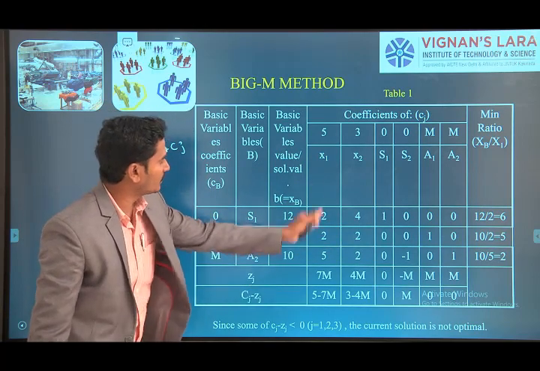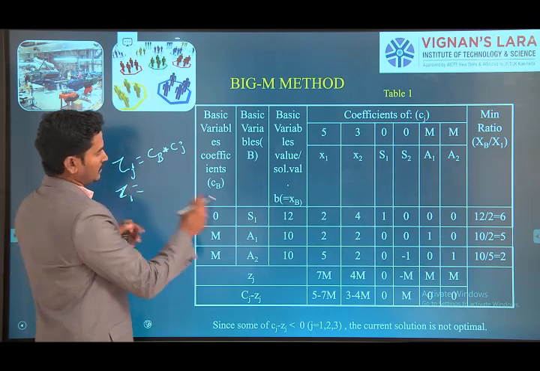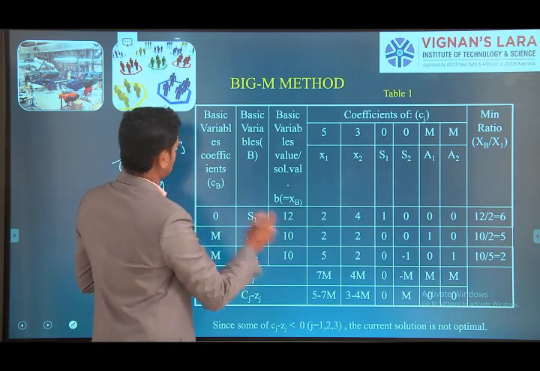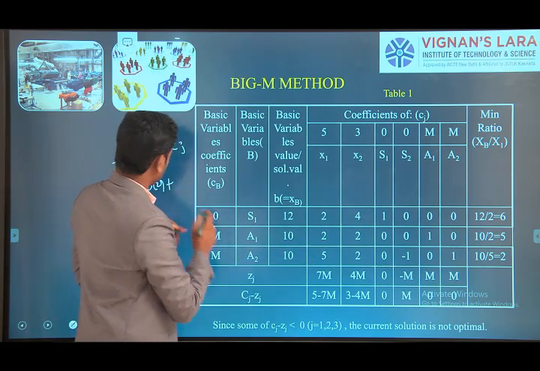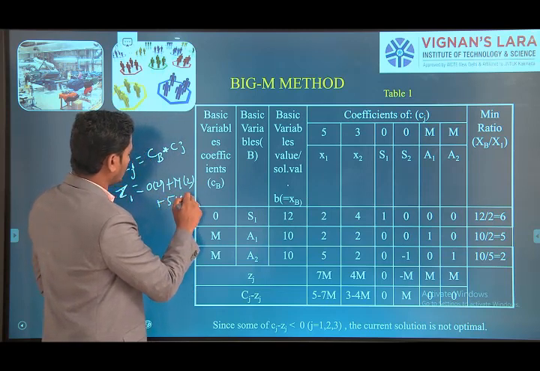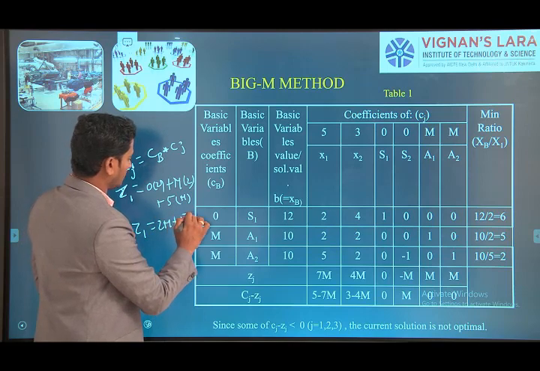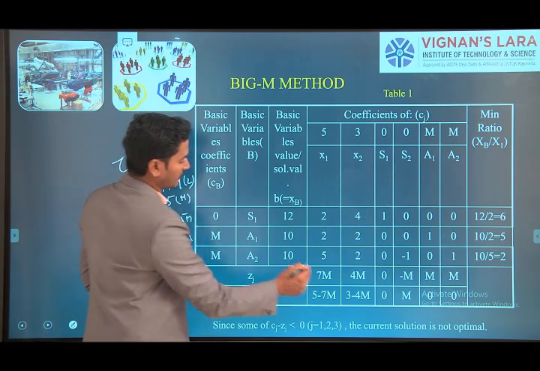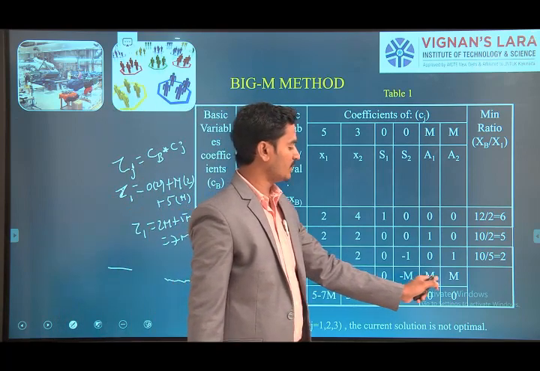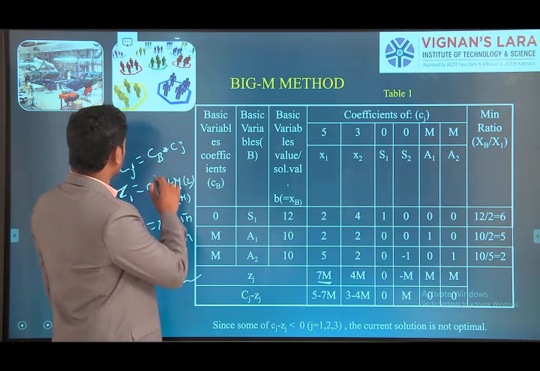For example, coming to the first row, x1 and Z1 is equal to, what is the x1 value here? 0 of 2 plus M of 2 plus 5 of M. So in total we get 2M plus 5M, which is equal to 7M. We get 7M here. Similarly 7M, 4M, 0, minus M, M. These we obtained from this formula.